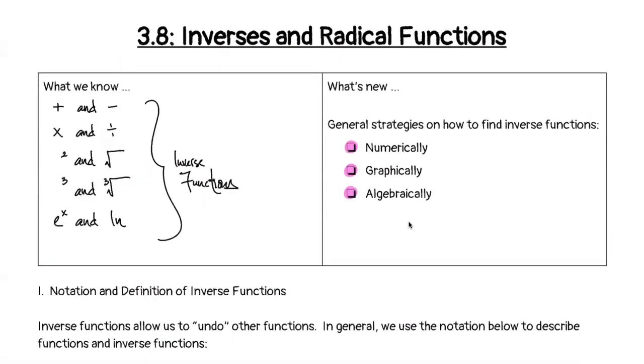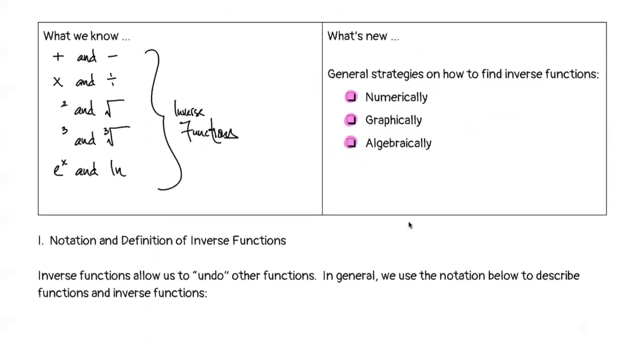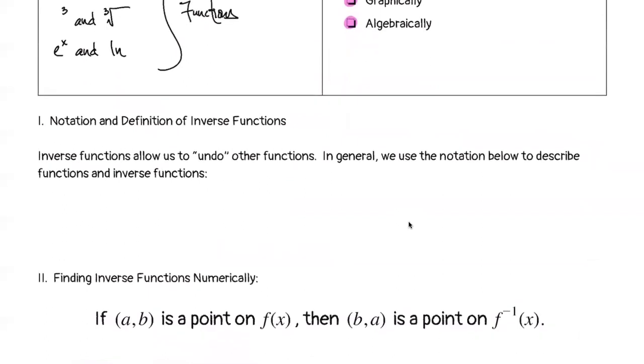Now, before we get too far, let's make sure we have a really good working definition of what we mean by an inverse function, right? We also want to be really thoughtful about not just the definition, but the notation, right? How do we write it in a math way so that we know what it means when we read it, but also other people know what we mean when we write it?